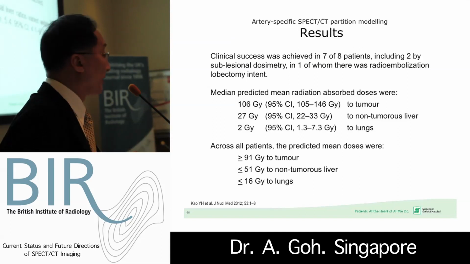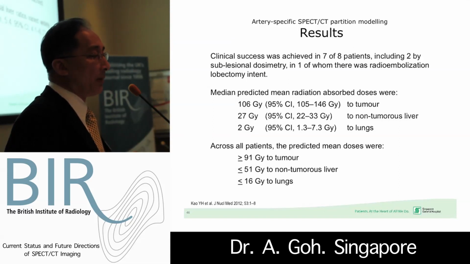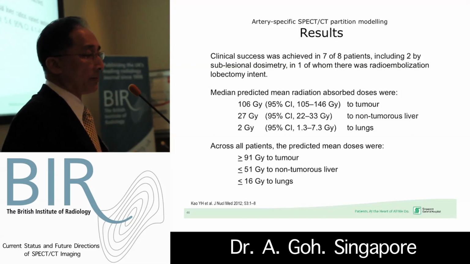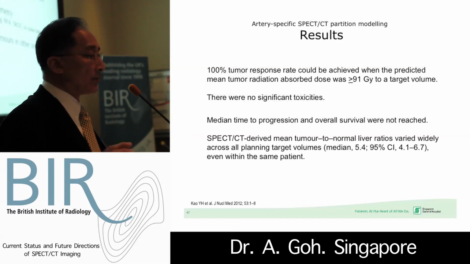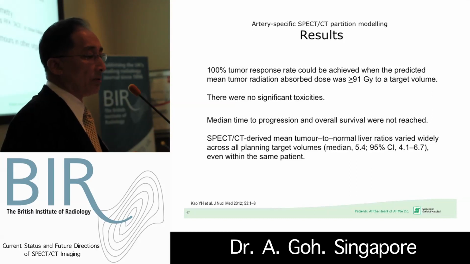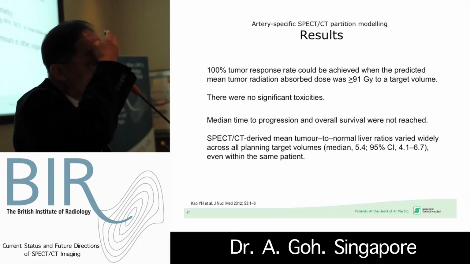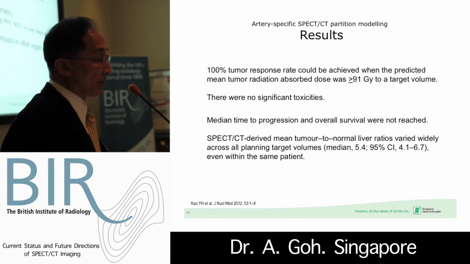These were some of the summary of the findings, but what is significant is that a mean tumor absorbed radiation dose of greater than or equal to 91 grays was found to achieve a 100% tumor response rate in this limited study. So the conclusion of that publication was that accurate dose estimates are possible with SPECT-CT for tumor, lung, and liver. We have greater precision and control beforehand over the dose targets, and if the treatment intention is partial segmentectomy or lobectomy, we can plan and accurately deliver the dose we want to give.